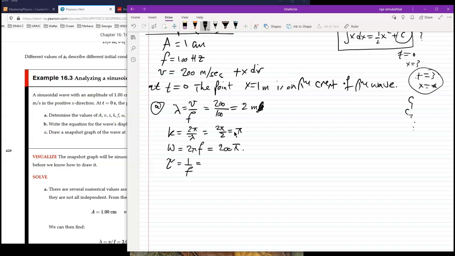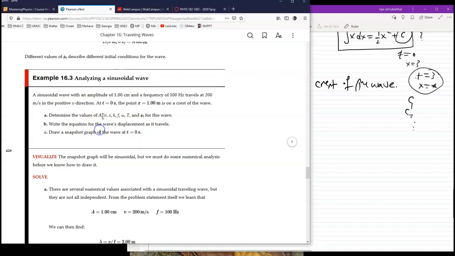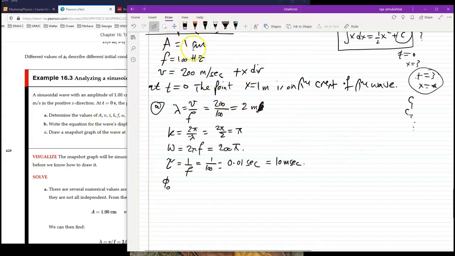The frequency is 100, so that's 1 over 100, and that will be equal to 0.01 second, or we can say 10 millisecond. And then what else? And then we have phi naught. I think we got all of them. A, v, did we get v? A? Oh, A is given to us right here.